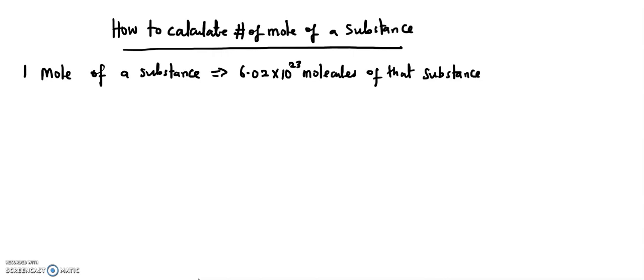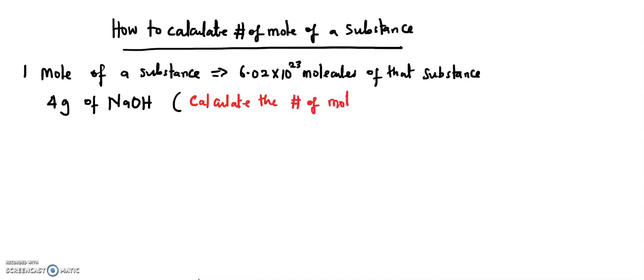Okay, so for instance, if we are told that maybe we have 4 grams of sodium hydroxide, which is a base, and we are told to calculate the number of mole of this, how do we go about solving this problem?